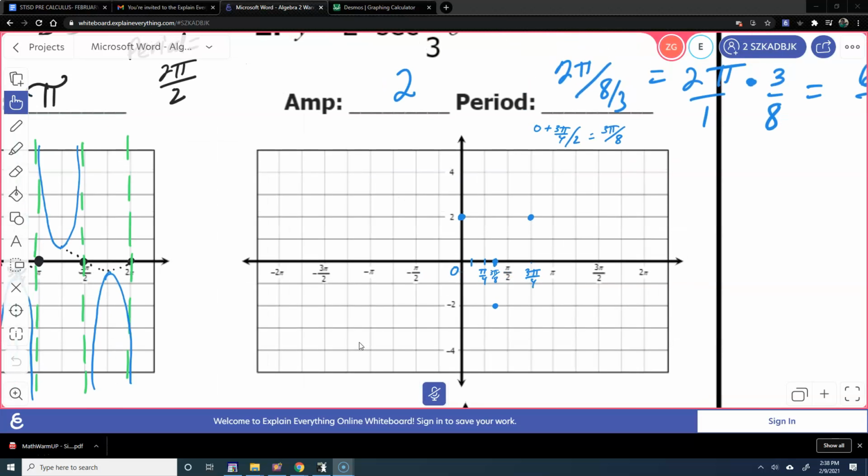So now I'm just going to sketch. And so I'm sketching that. Now the amplitude will occur in between 0 and 3 pi over 8. So I'm going to go ahead and graph the amplitude.